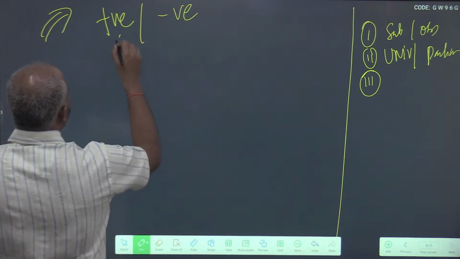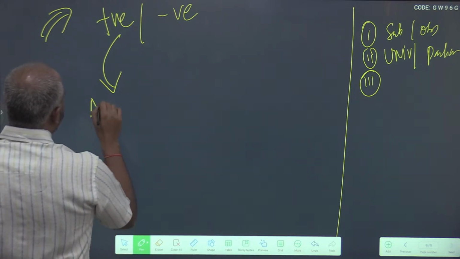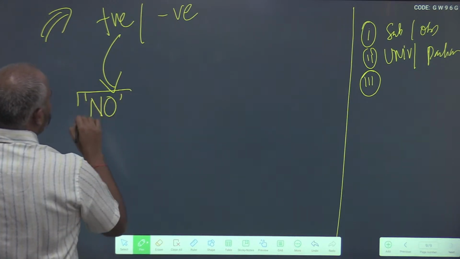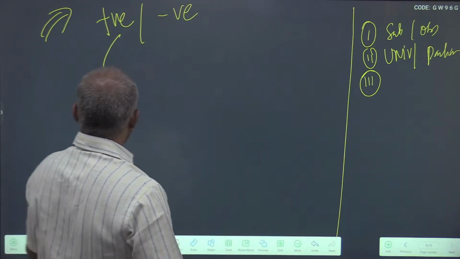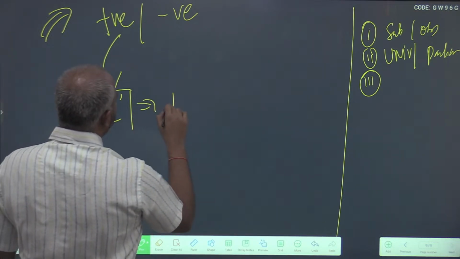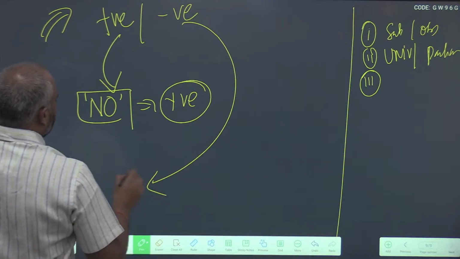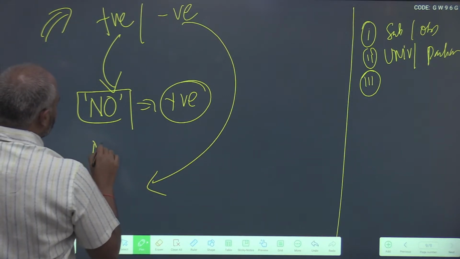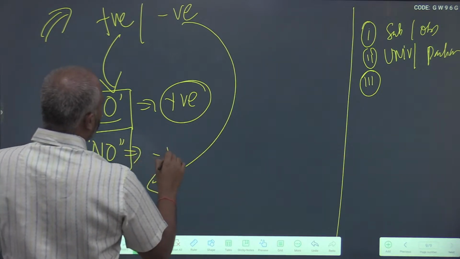Positive is intuitive. The absence of no in the statement makes it positive. If there is the presence of no or any negated term, it becomes negative.